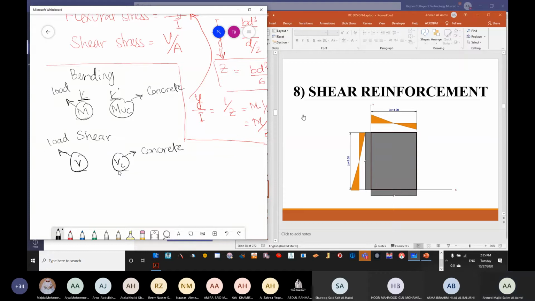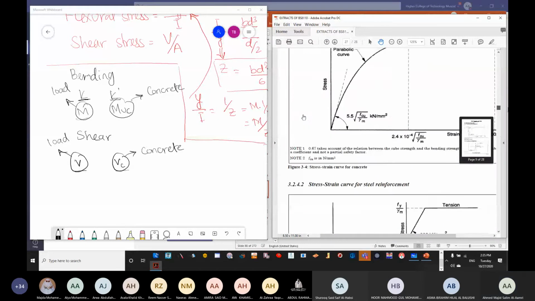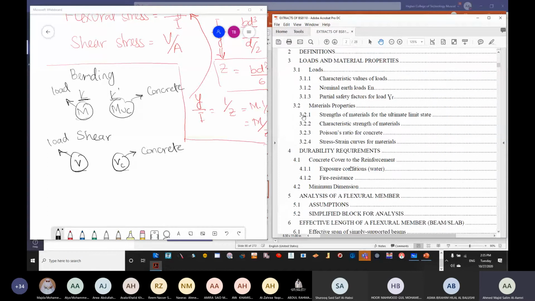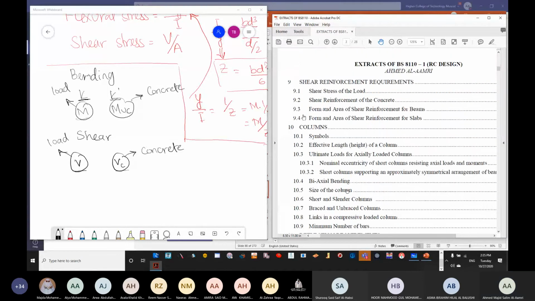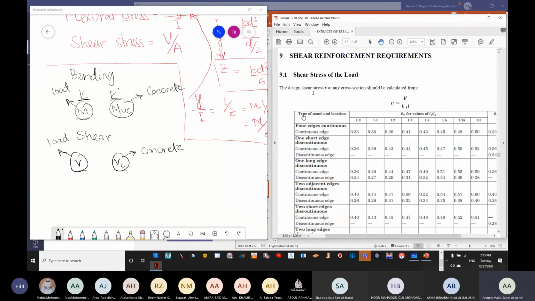Okay. Now once again, I'll go to my extracts. In my extracts, I'll search for shear. You can see that shear reinforcement is here, so I'll just click on it. You will see that there are two things. One is the shear stress of the load, where it says V, which is shear stress, is equal to shear force divided by BD.